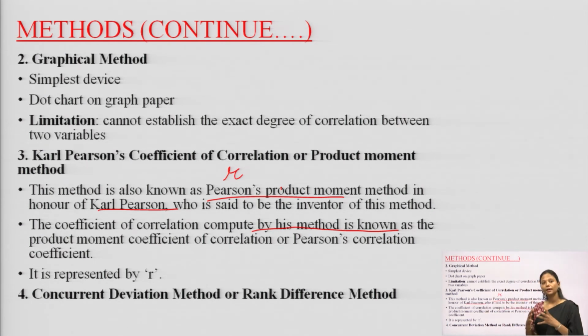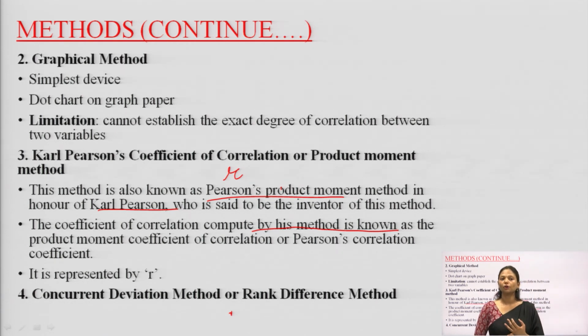We compare the ranks of 2 people, we compare the ranks of 3 people, and we use this formula, the rank difference method, and then we find out what the correlation is between the different variables for the product.